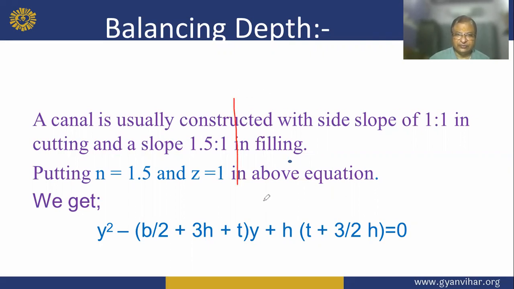How? This is 1 meter, this is 1 meter. So on the same side, if your height is 1 meter and length 1.5 meter, then the triangular face, if you put, it will make this proportion.